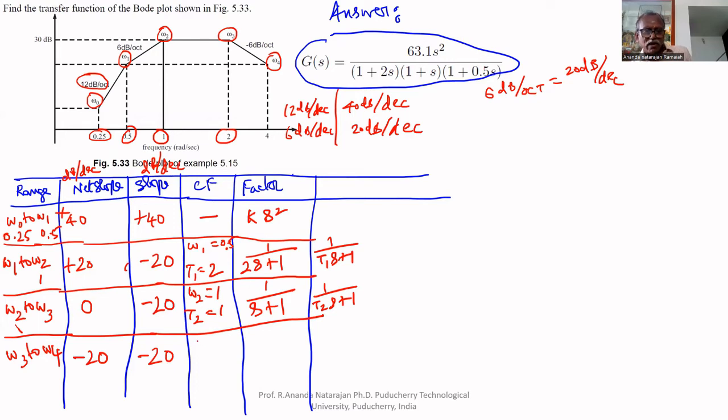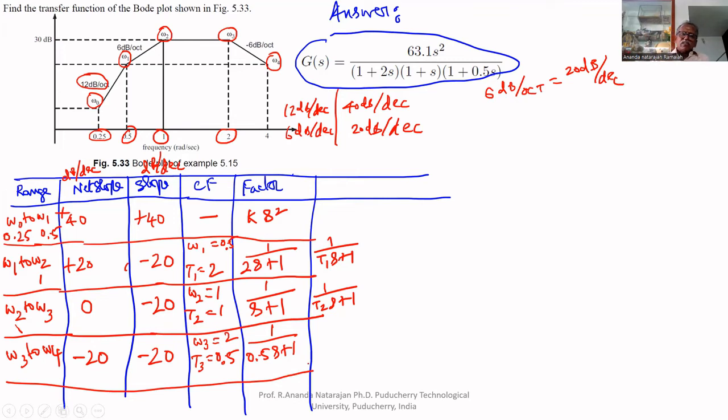Omega 3 is given as 2. Therefore, T3 equals 1 by 2, equal to 0.5. Therefore, the factor is 1 by 0.5 s plus 1.